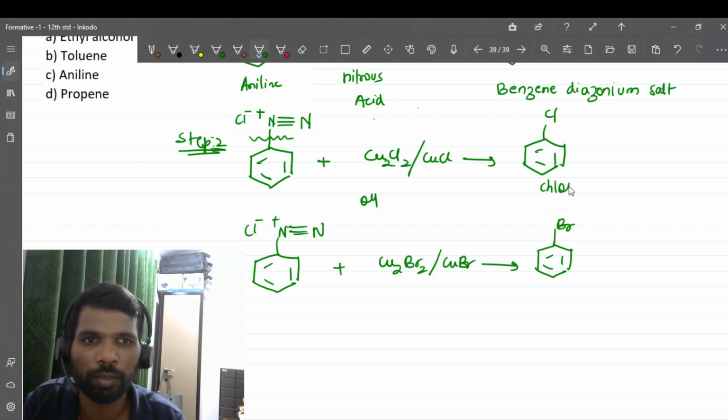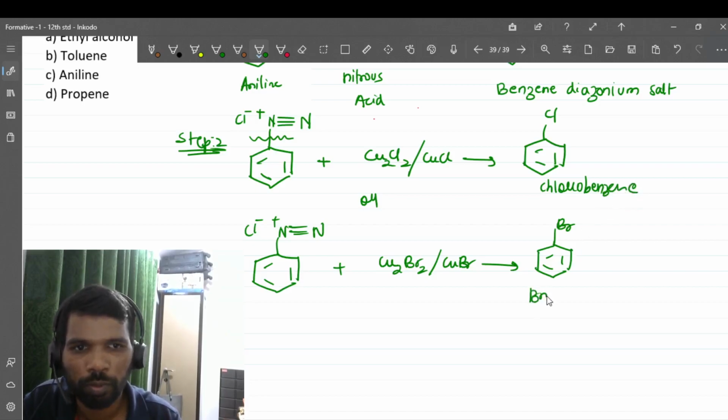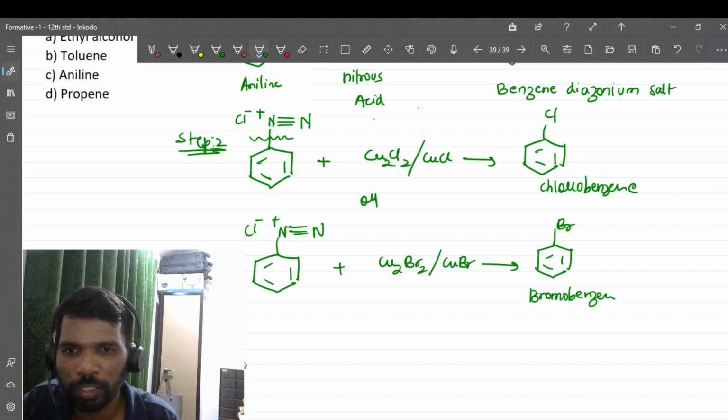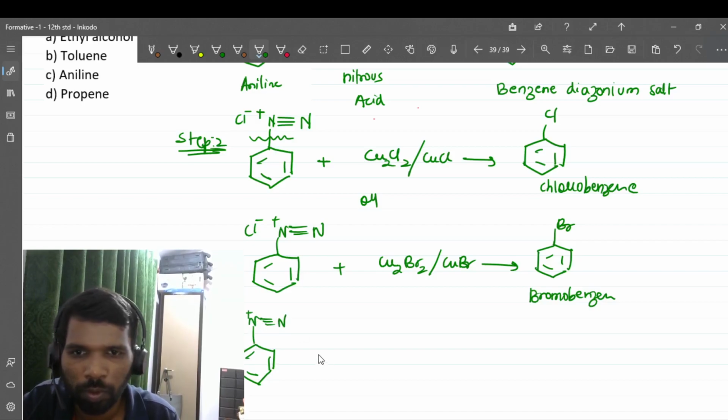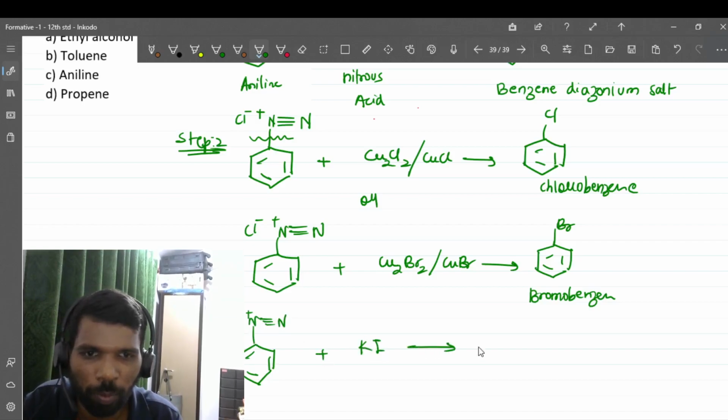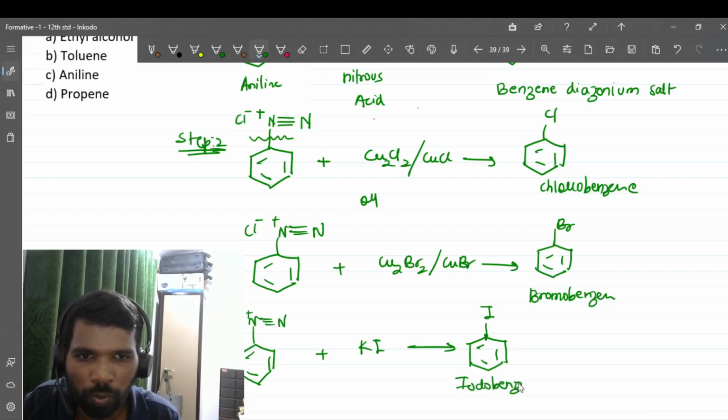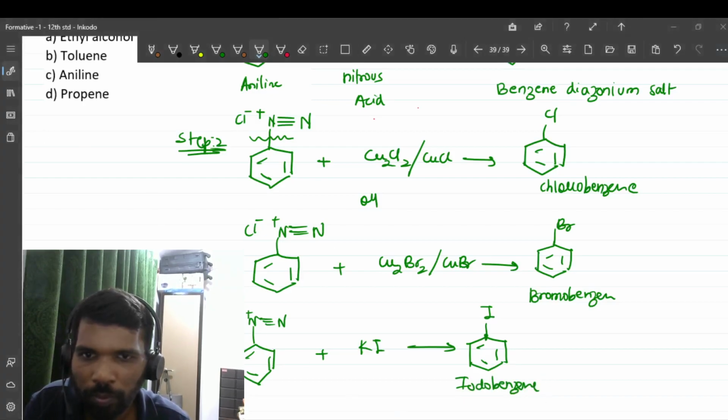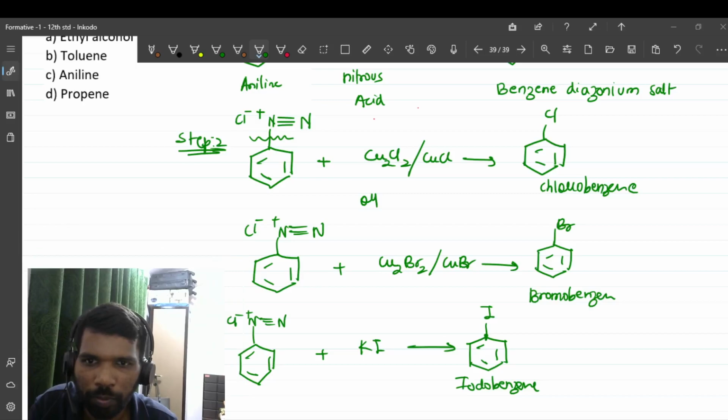This is chlorobenzene, right? This is bromobenzene. And if it is potassium iodide, just potassium iodide, for the preparation of iodobenzene. This is iodobenzene.